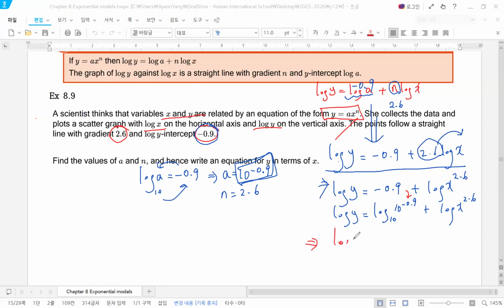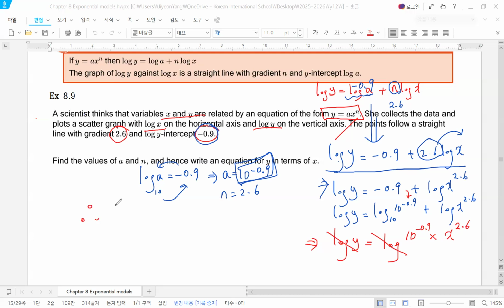log y equals, since they are separated, you can combine them into one logarithm, 10 to the power of negative 0.9 times x to the power of 2.6. Right? Then you can cancel log from each side.